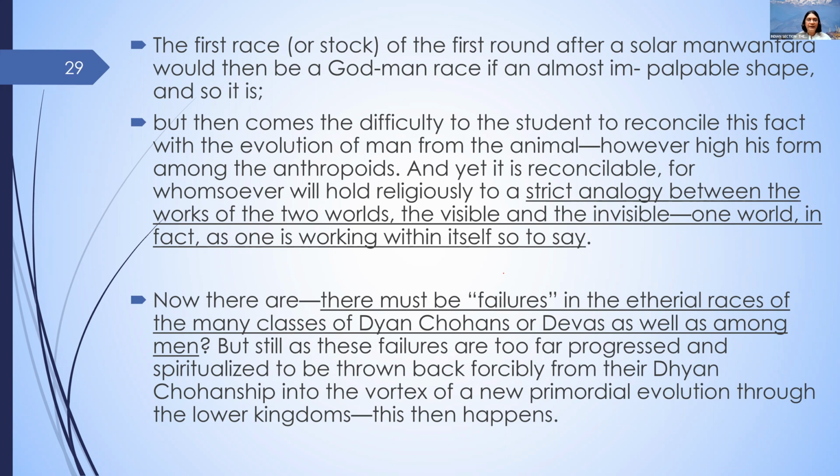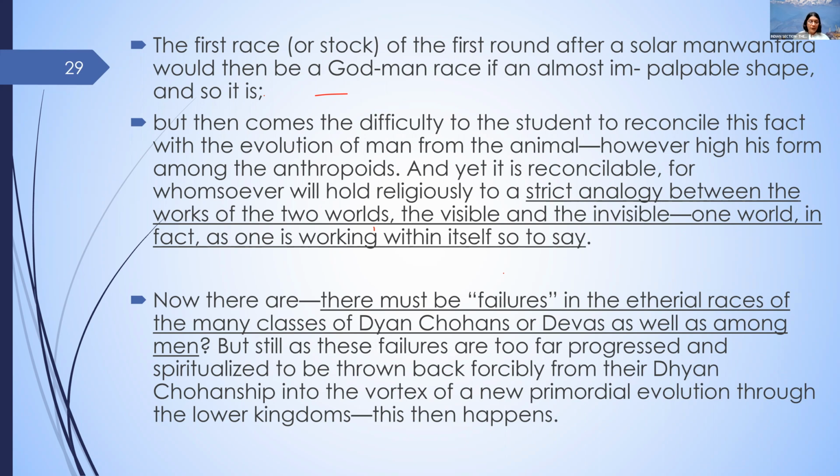They interpenetrate. So basically, the subtler worlds, they are within the physical world. And evolution in the gross or the physical world, it can be understood correctly if the evolution in the subtler or the inner worlds is understood. And this is due to the law of correspondence.